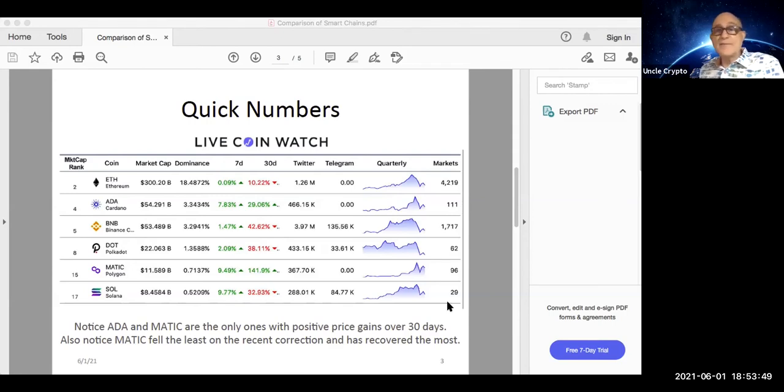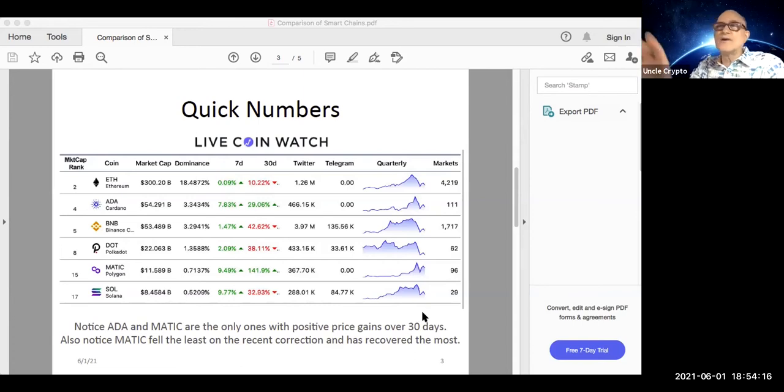So if Gemini is going to list a coin for the first time, that will boost the coin's price and sales. And that's why I put in these other three columns, Twitter, Telegram, and markets, because that gives you a clue as to what people are talking about and where the buzz is, because that's necessary to move the price on coins and the adoption.